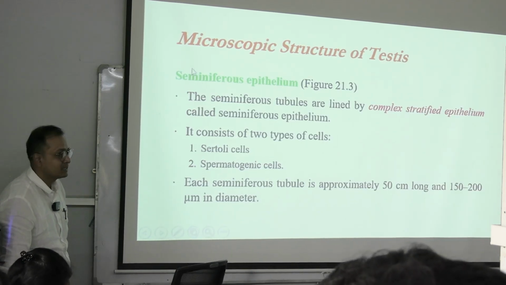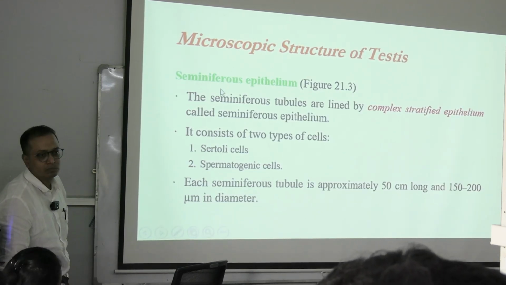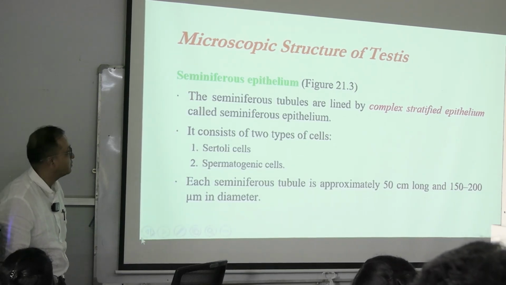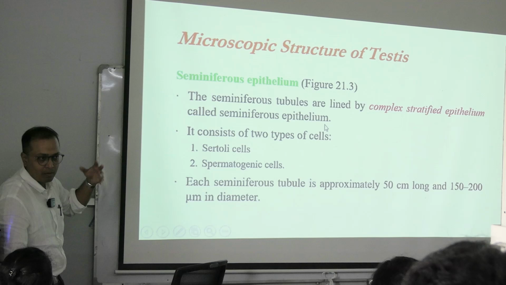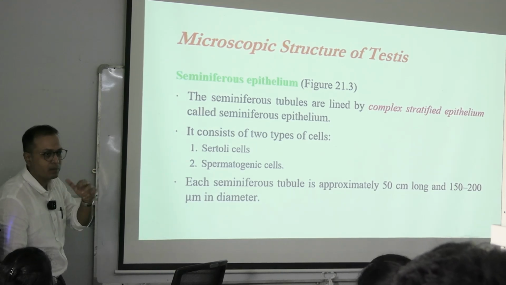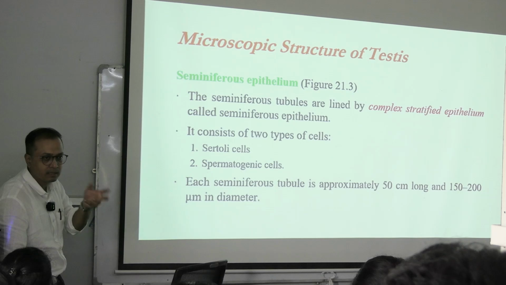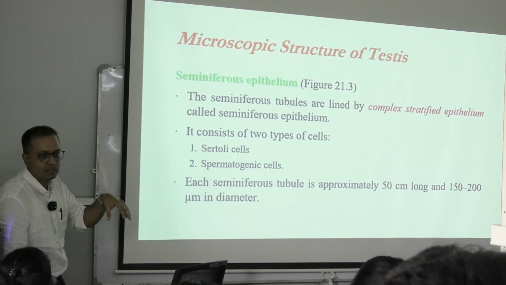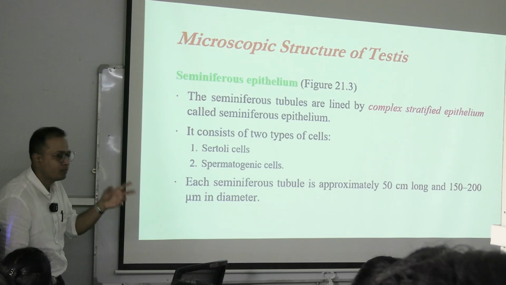Now, the cells present here we call epithelial cells. They are present in the seminiferous tubules, so we call them seminiferous epithelial cells. As we have mentioned, there are two types of cells, resident cells and migratory cells. Migratory cells we call germ cells, meaning the sperm cells or future sperm cells. The resident cells are present from the beginning of the development.